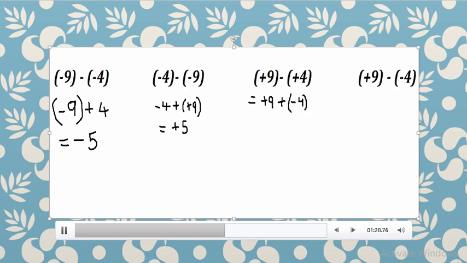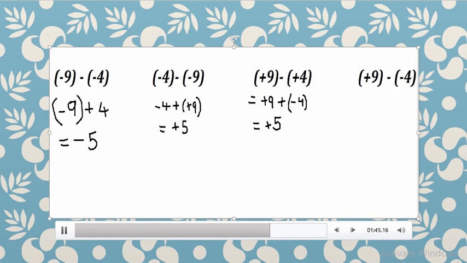So we already know how to do this sum. When we have two opposite signs, we are going to do subtraction. So 9 minus 4 is 5, and we are going to give the sign of the greater number. The greater number's sign is plus, so the answer is +5.